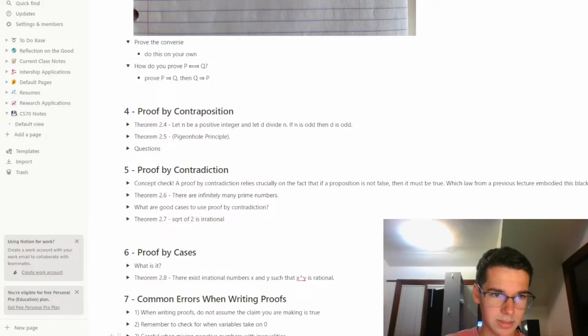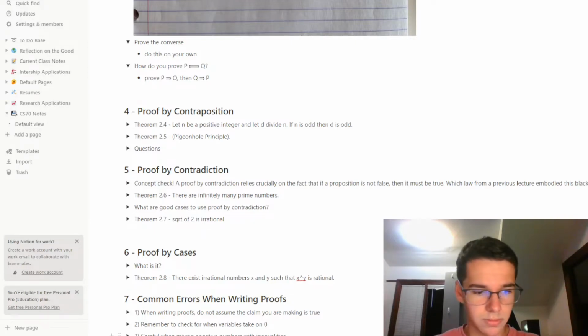We know d is 2x, so we can say n is equal to 2xy, and this is pretty clearly evidence that n is actually divisible by 2, because we can easily just make this its own variable. We can call it z, and we can say 2 divides n like that. Okay, so see, proving the contraposition made this a lot easier.